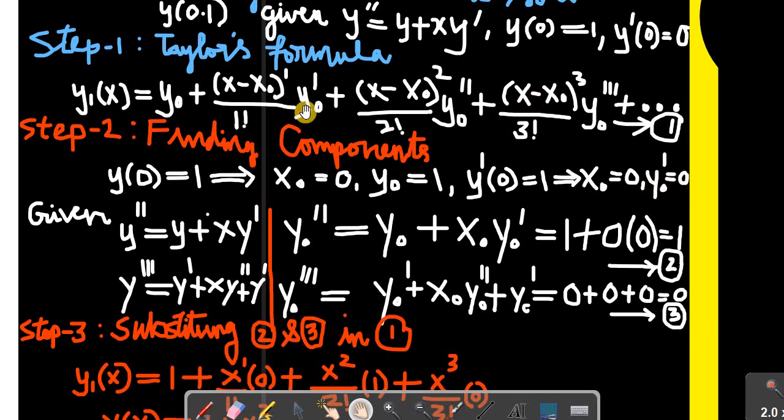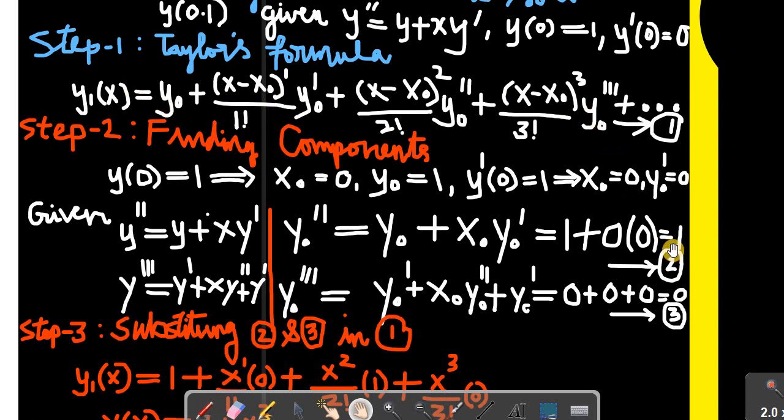So that also we have. Then we have the given equation. From the given equation we substitute the initial condition and get y double dash of 0 equals 1. Lastly we have y triple dash of 0 equals 0. So we had all these things.